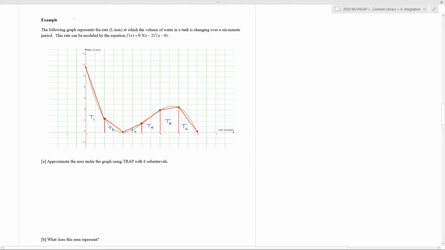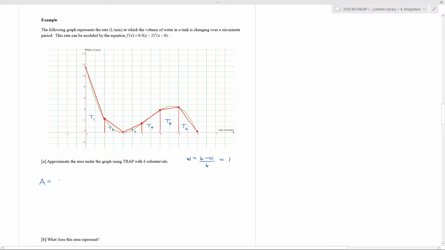So trapezoid is always the most labor intensive. So W is equal to 6 minus 0, divided by how many subintervals? 6. So W is equal to 1. Let's try and write this in the condensed version, without summing areas.